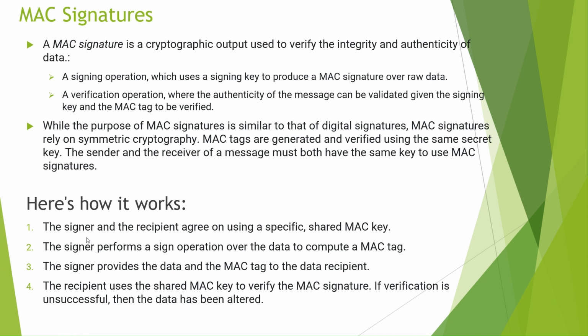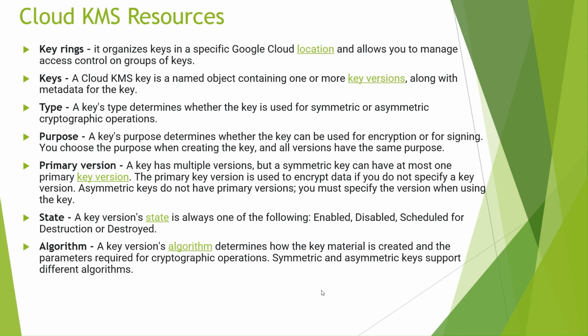The sender can share the data and the MAC tag through multiple sources, and the recipient uses the shared MAC key generated through Cloud KMS to verify the MAC signature. If the signature comes out the same over the raw data, then we can say the data is not altered and it is successfully verified. But if the signature fails or is different, we can say the data is altered. This is the process. We will see how to do all these things.